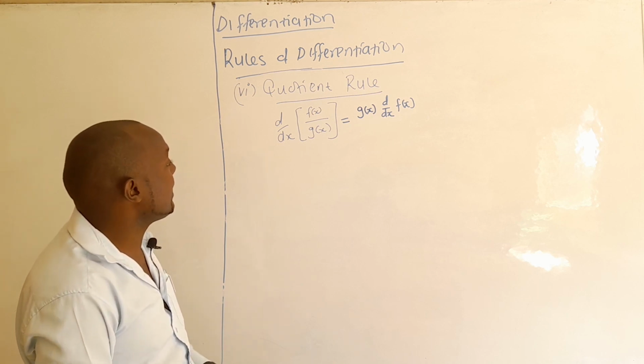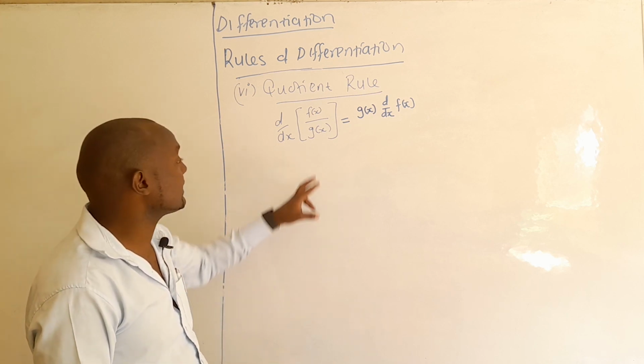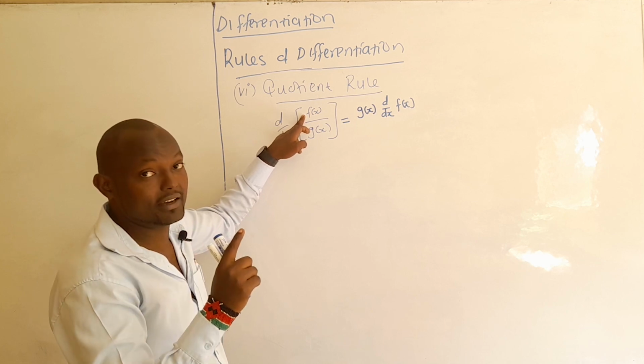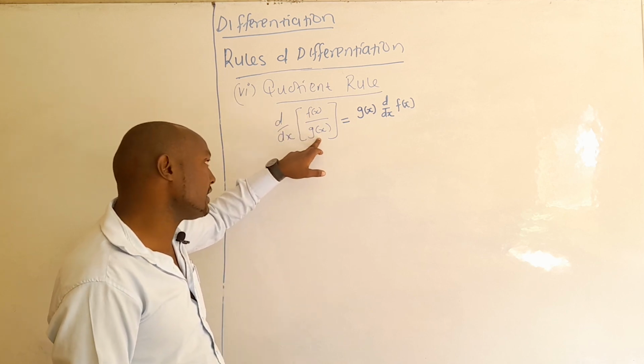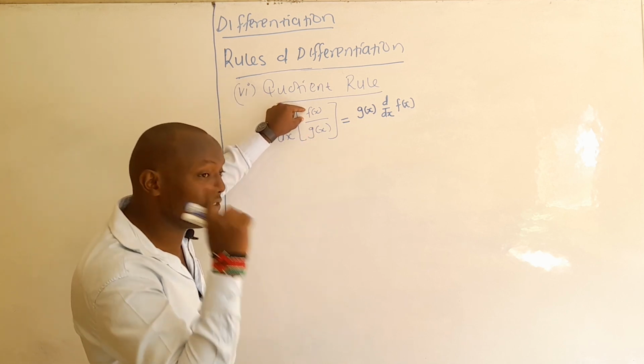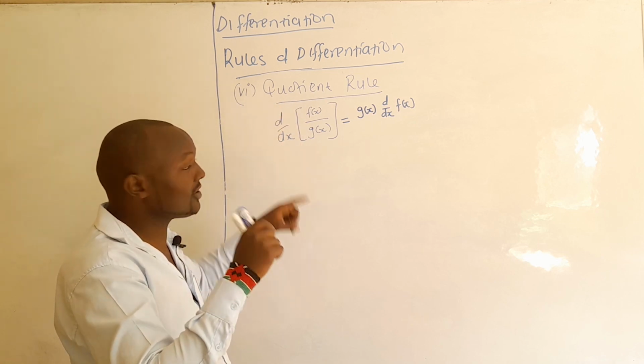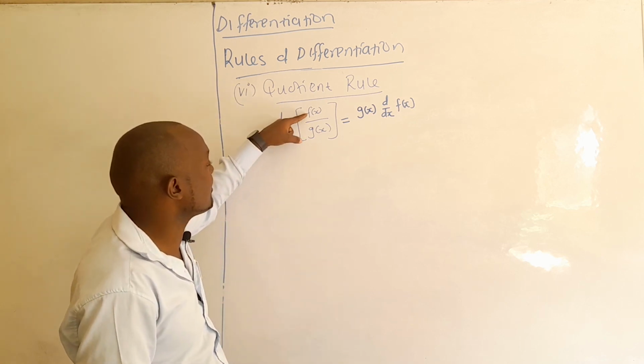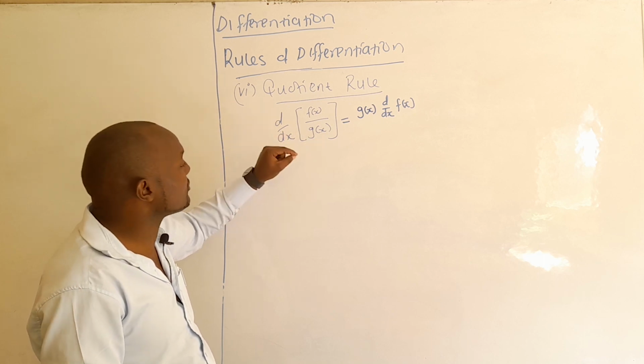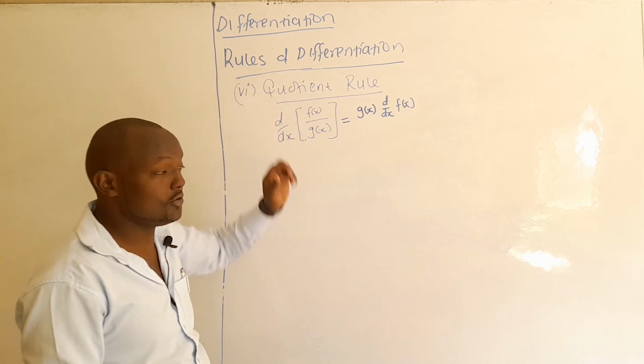Get that one very seriously. You differentiate the numerator first. So you treat this one constant, differentiate the numerator. You must start with that one. Not like the other time where we said you may treat this one constant and differentiate. No. This one you must start by differentiating the numerator.